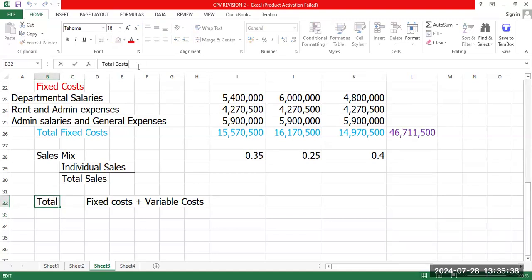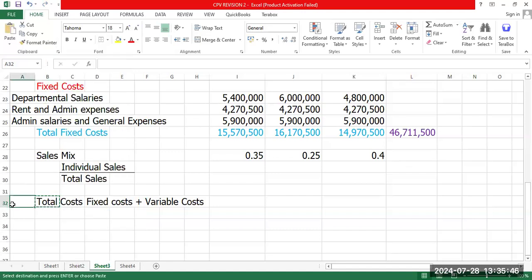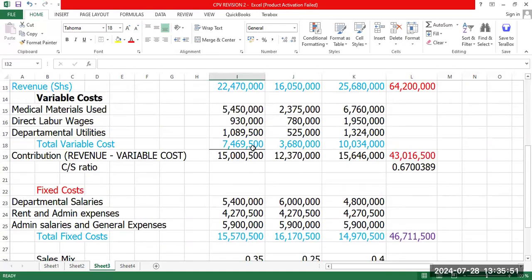Total cost is equal to fixed costs plus variable costs. And already you have everything. You have total variable costs.